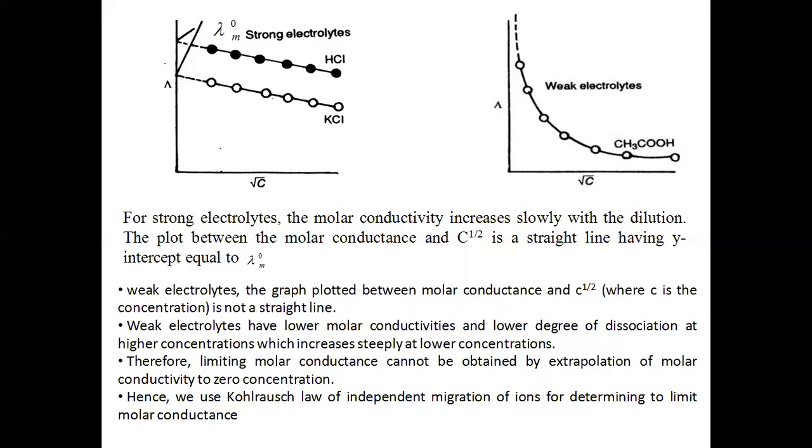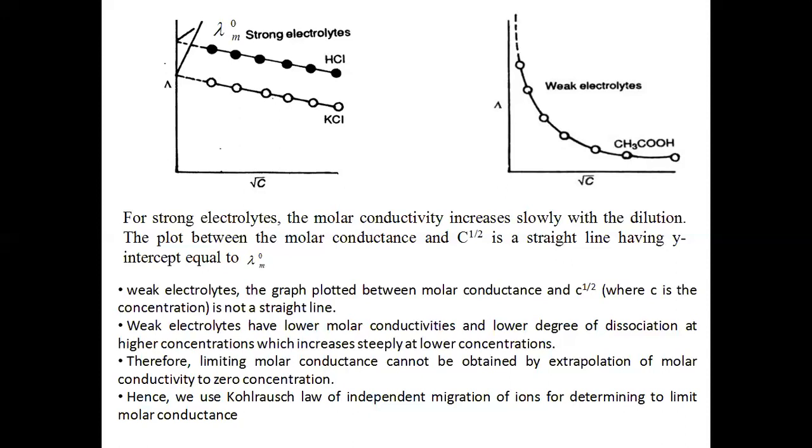In the first curve, we measure the conductance. We get a straight line when we plot conductance against the square root of C. Then we extrapolate that to zero concentration. Then we get a value, and that is known as the molar conductance at infinite dilution, or lambda m0, for HCl and KCl, or any strong electrolyte.